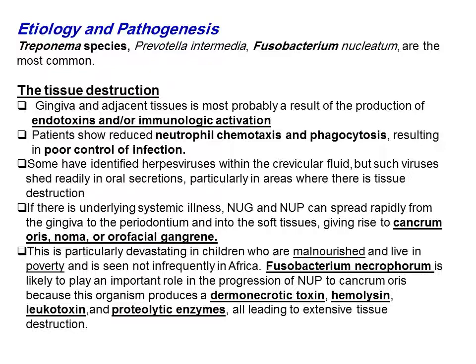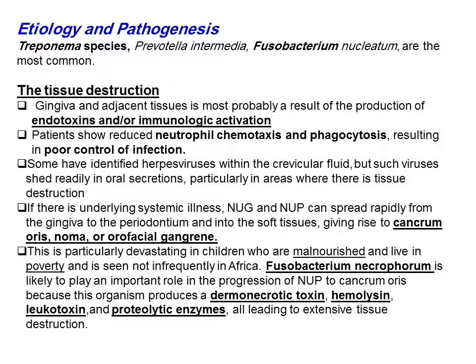It may give rise to noma, orofacial gangrene, or cancrum oris. This is particularly devastating in malnourished children living in poverty. It is not infrequent in Africa, so it is most commonly seen in Africa.